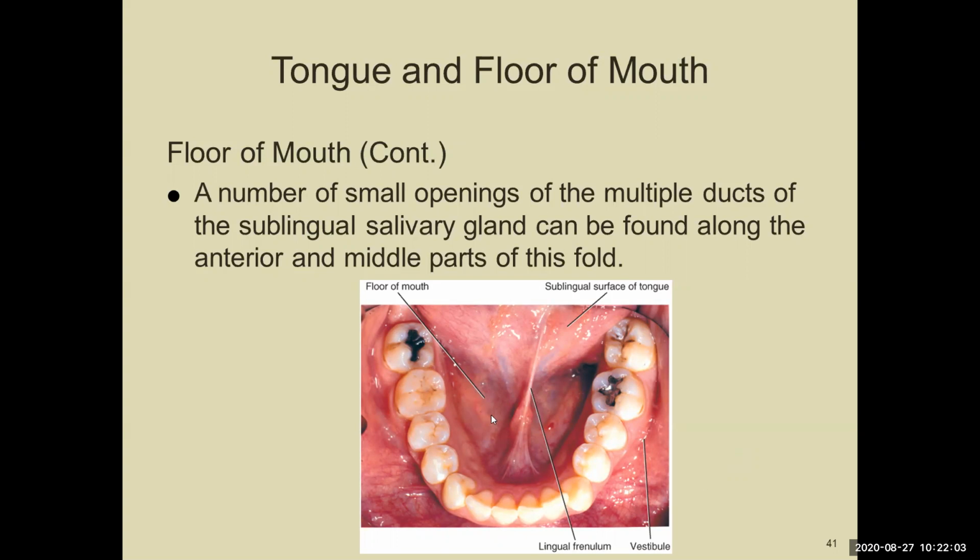This is that sublingual fold right here. This is the ventral surface of the tongue, the lingual frenum, and this is the caruncle here. The vestibule is the space between the cheeks. This is the labial vestibule and the buccal vestibule.